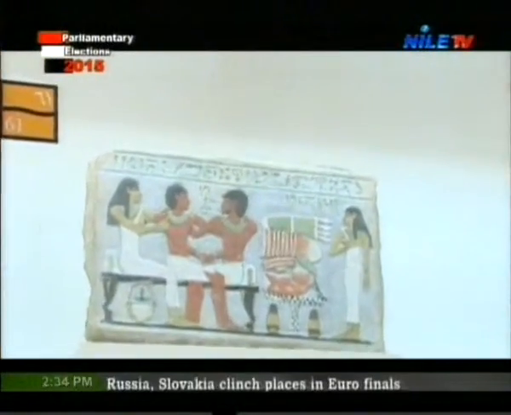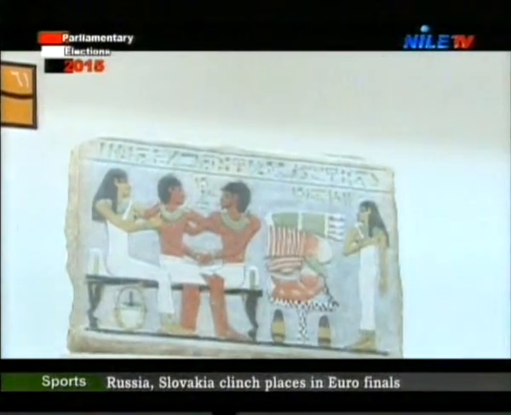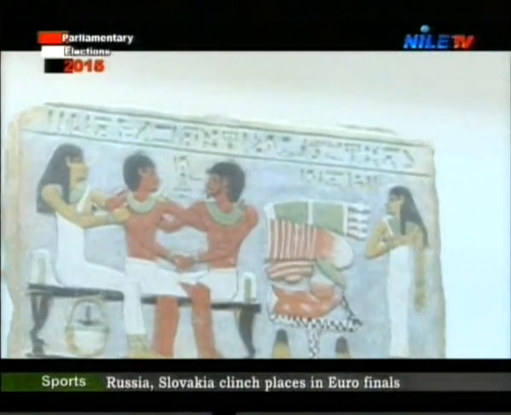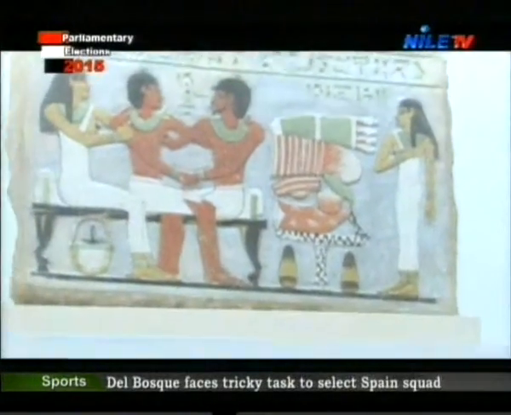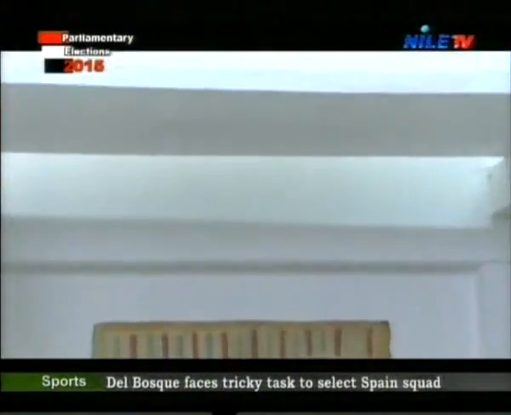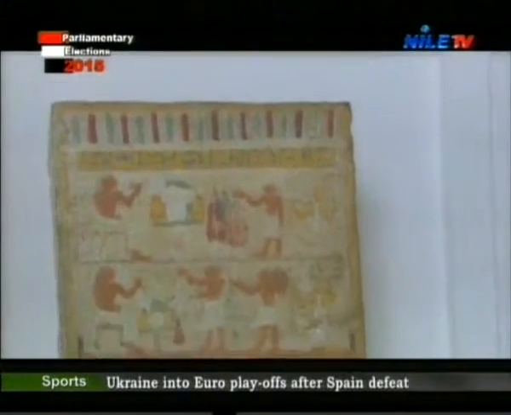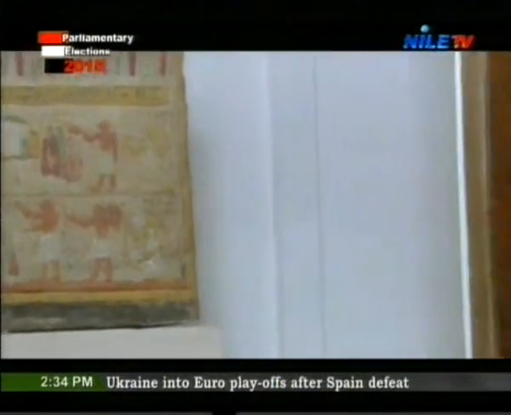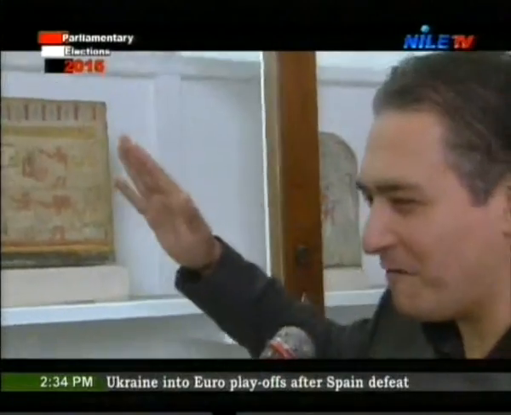For example, we have here a beautiful stela from the Middle Kingdom, and it shows the whole family, and this shows the family ties in the ancient Egyptian civilization. Before, we have seen different individual figures, but here for the first time you can see the whole family together. You can see the father, you can see the mother, and in between you can see their son, and on the other side of the stela you can see the wife, right?